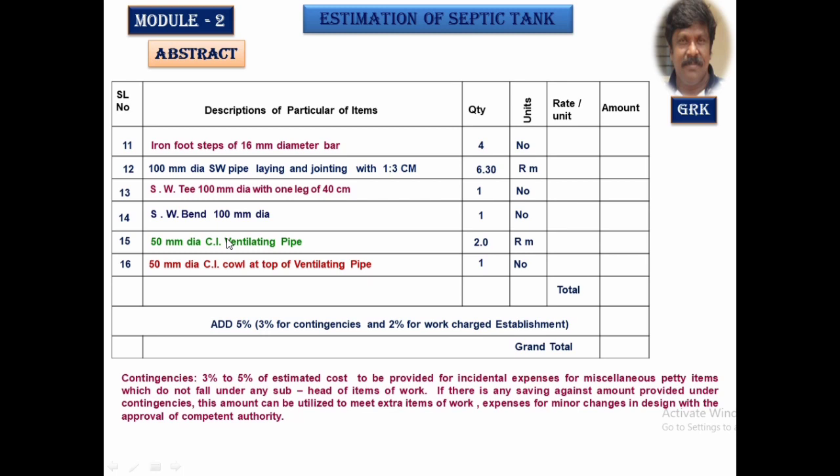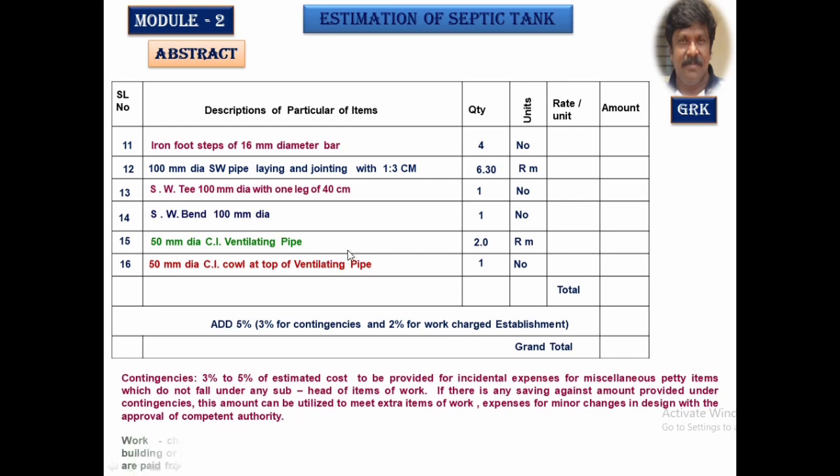Any unforeseen amount to be incurred can be taken out from this amount. If this amount is not used throughout the project, then it can also be used by taking approval from the competent authority for any deviations that you are going to make while constructing the structure.